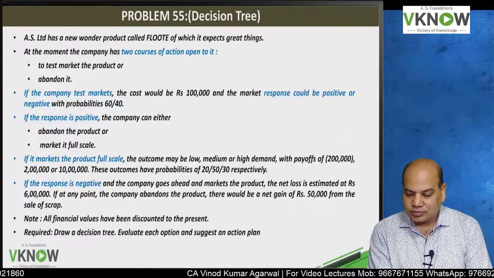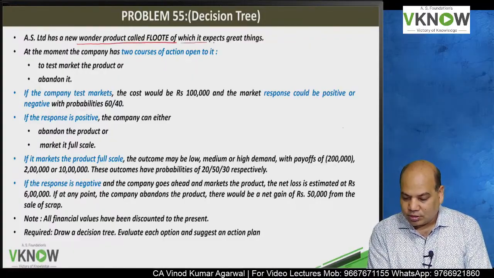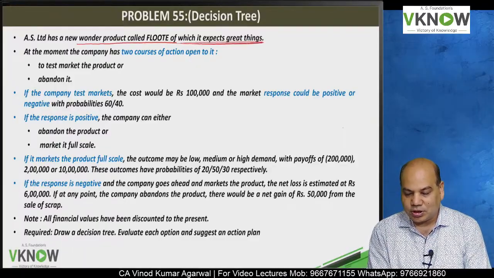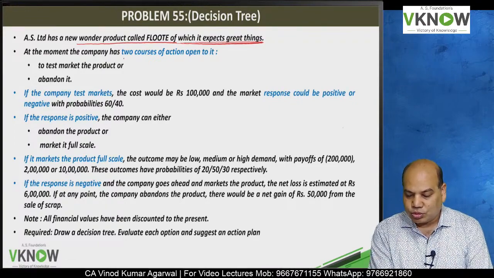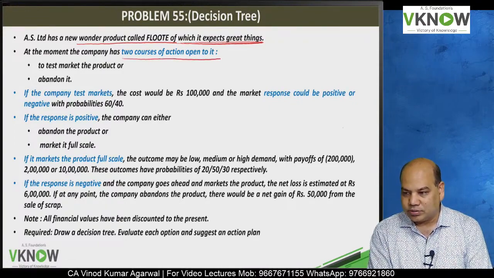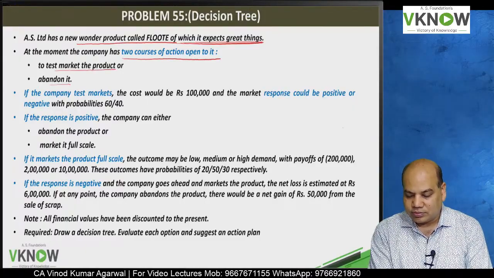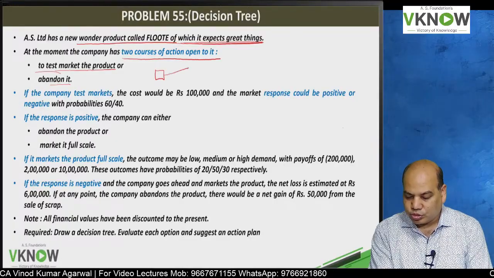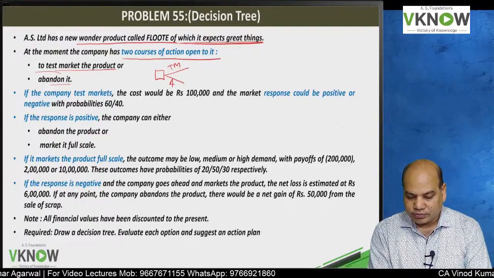So there is a new product developed by the company and they expect great achievements from this product. At the moment, the company has two courses of action open to it: to test market the product or abandon. That means right now we have two options: test market or abandon the product.